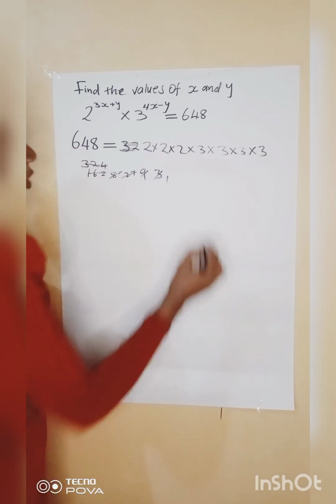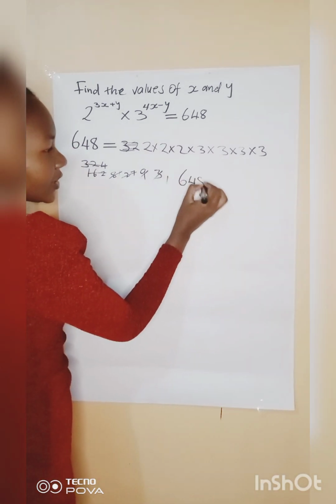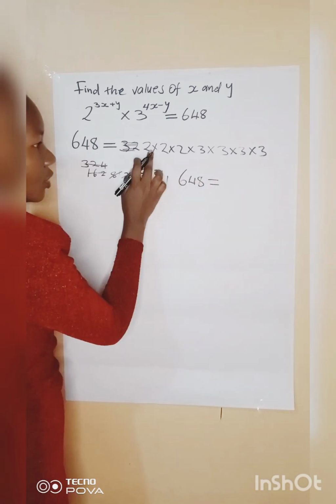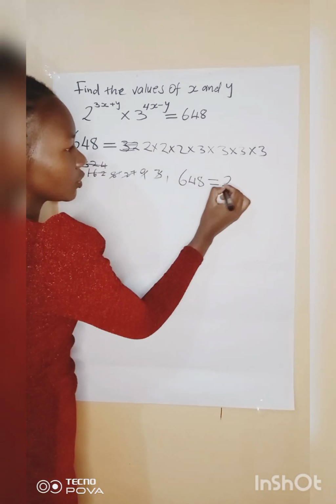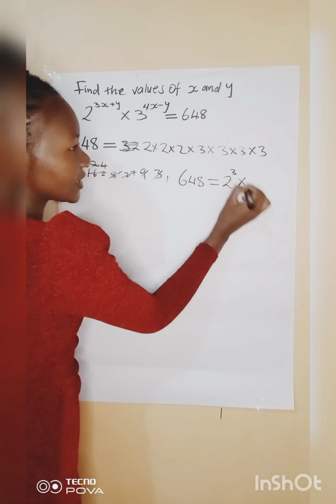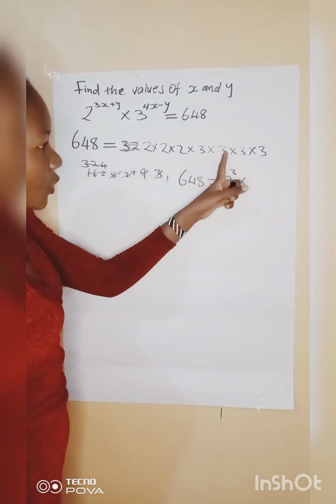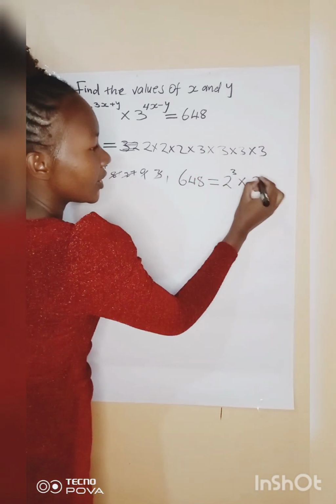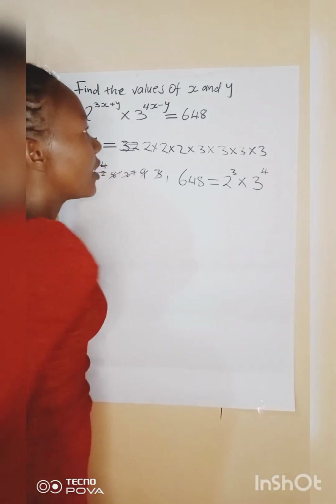So in short, we can say that our 648 is equivalent to 2 raised to power 3, then times, how many 3's do we have here? There are 4 of them. 3 raised to power 4.